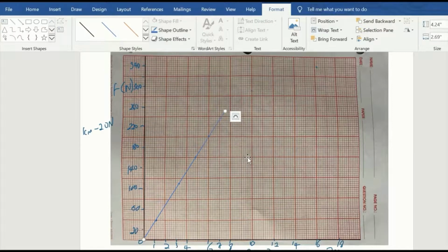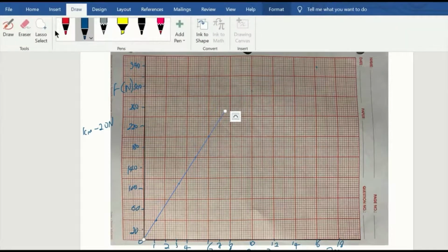All right, a straight line from 0 to 250. What next? After 250, the line begins to bend, as you can see right here.